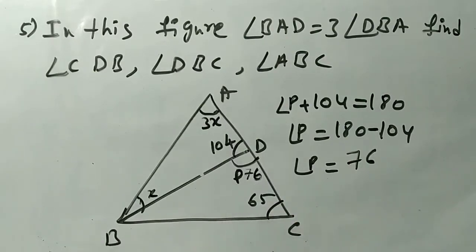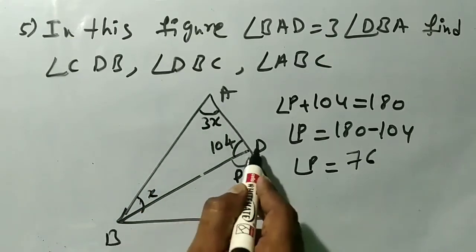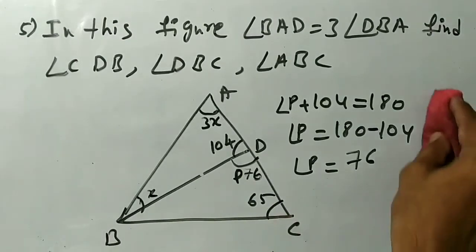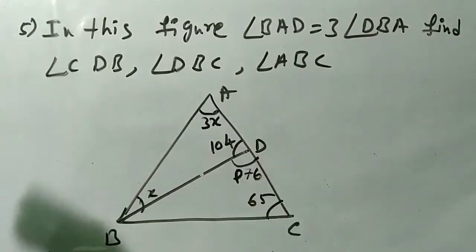So we got 76, and another angle we have to find. Here ABD is a triangle, and also DBC is a triangle. Here two triangles are formed and the angles are also given, so we can find the angles easily.